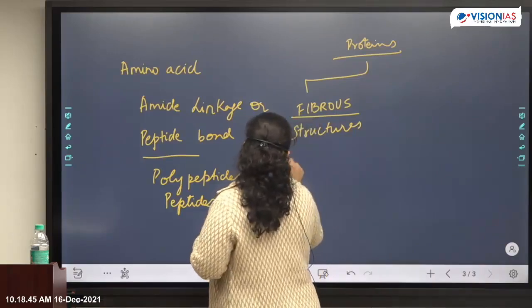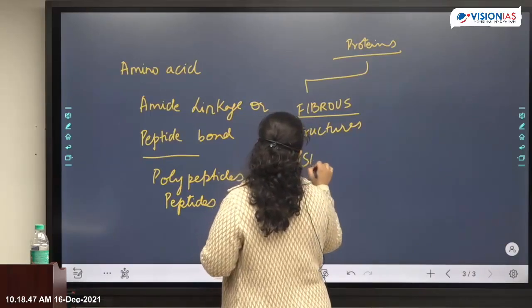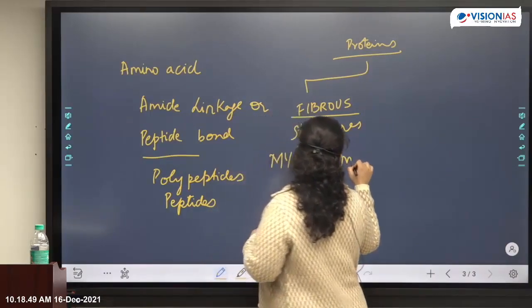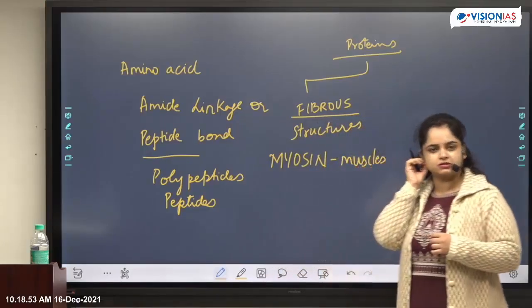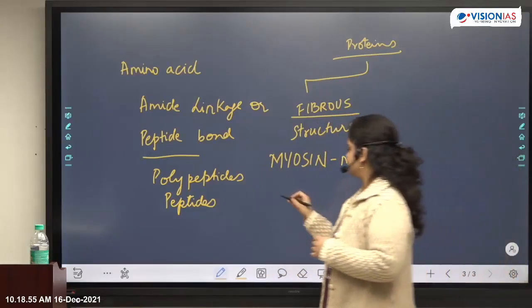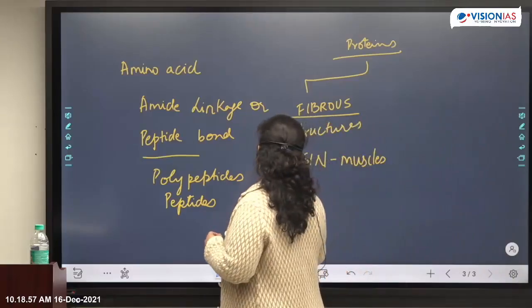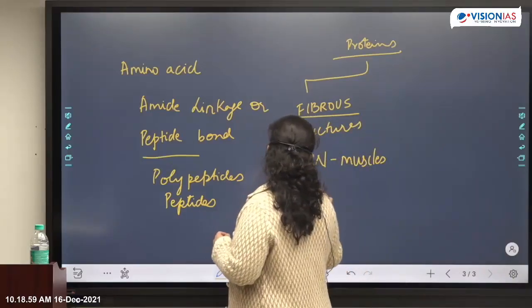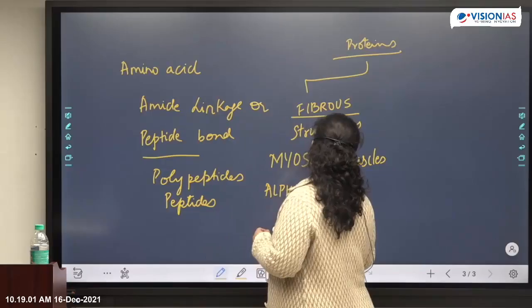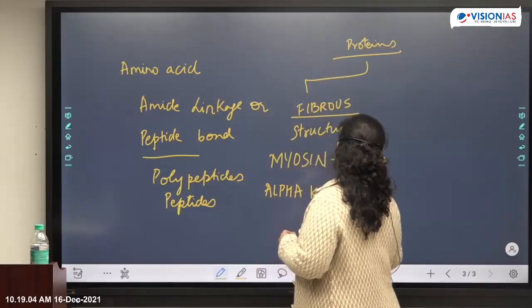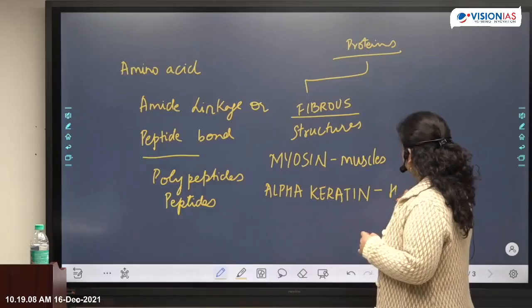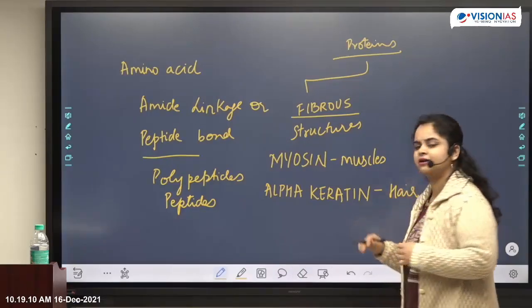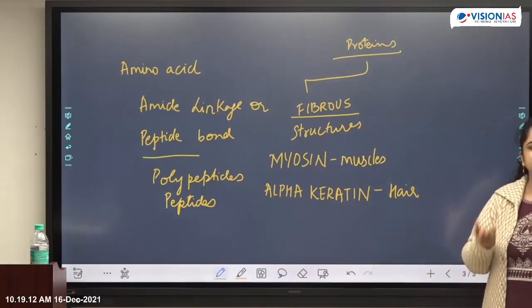Like, we will take some example here. Myosin is the protein which forms the muscles. We have alpha keratin, which forms the hair, not just hair, but hair, nails.